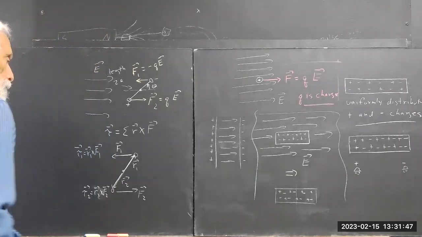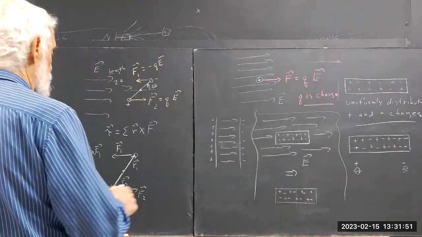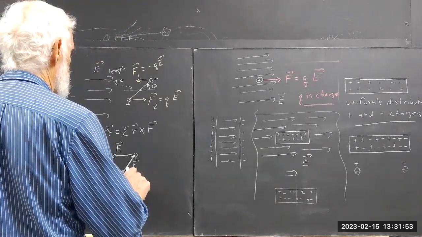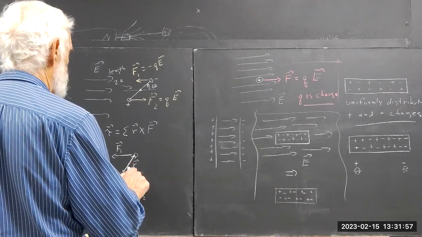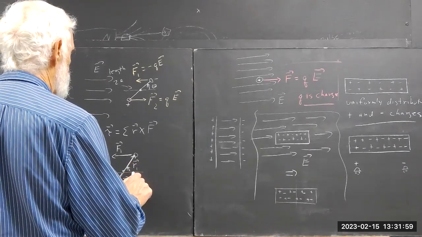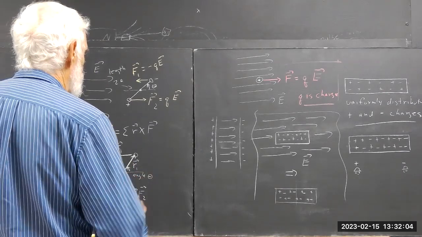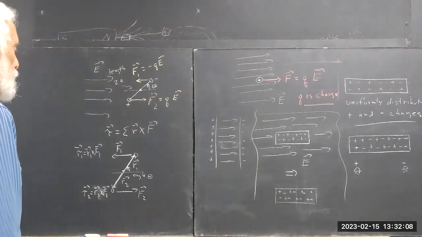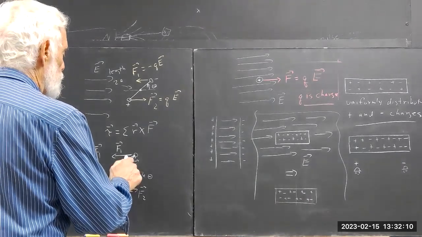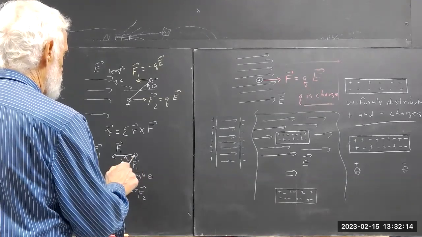The magnitude of both of these torques. If this angle is theta, then that's also the angle between R1 and F1. It's also the angle between R2 and F2.